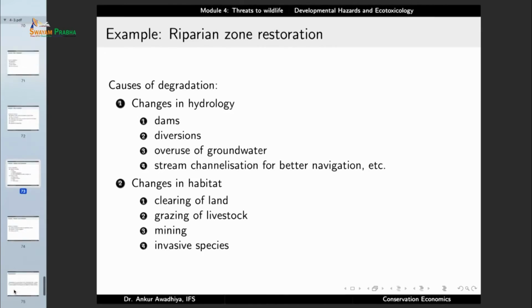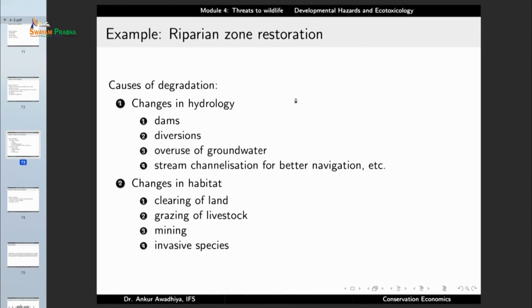Similarly, in the case of river systems, we can have degrading actions such as construction of dams. So a dam completely changes the hydrology of the area. So from a running water system, you have converted the area into a stagnant water system. So that causes a change in the hydrology.